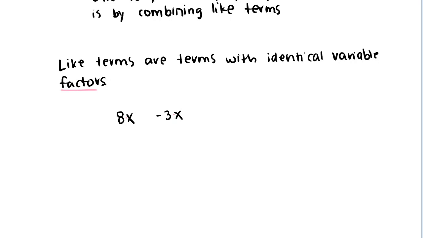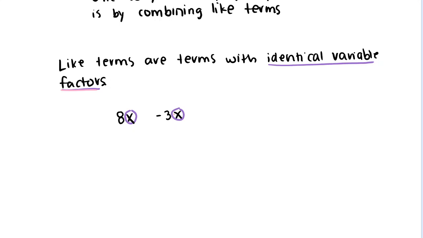And so when we say like terms are terms with identical variable factors, we're just saying, what are the variable factors, and these terms are like terms if those variable factors are the same. So here we have a variable factor of x and a variable factor of x. So these are examples of like terms.